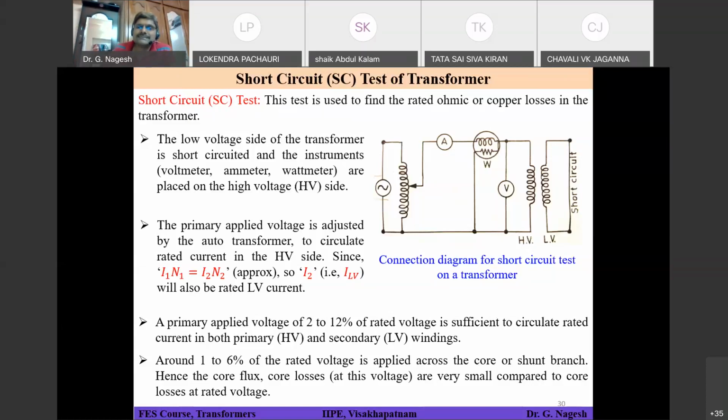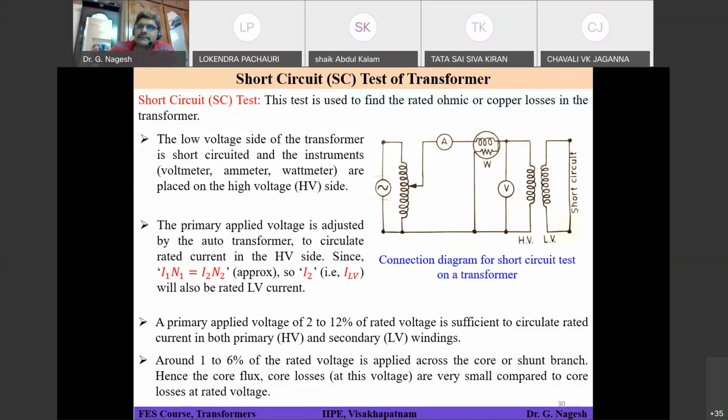So that means kVA divided by the voltage on that particular side, whether it is LV or HV, whatever it may be. kVA divided by the voltage of that particular winding will give you the rated current. When the rated current is flowing, what is the formula?